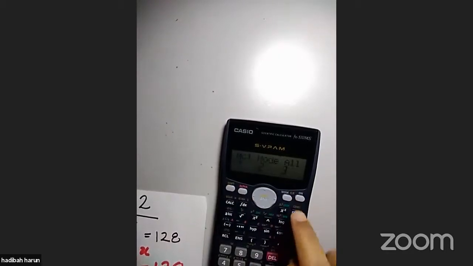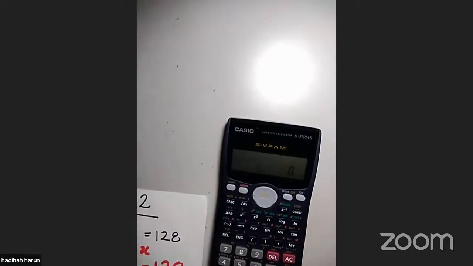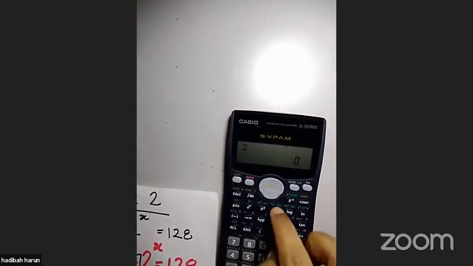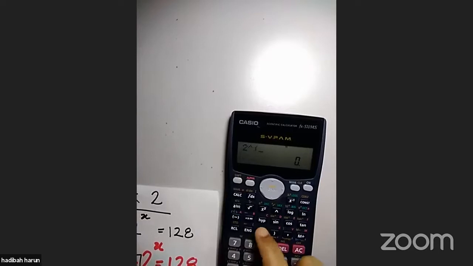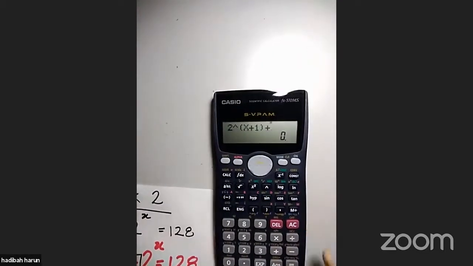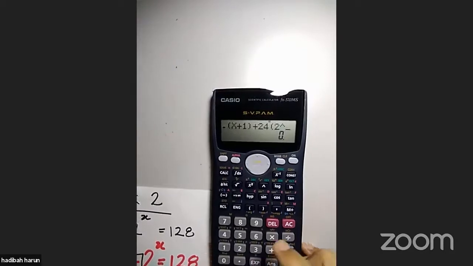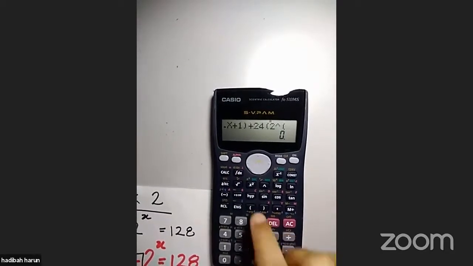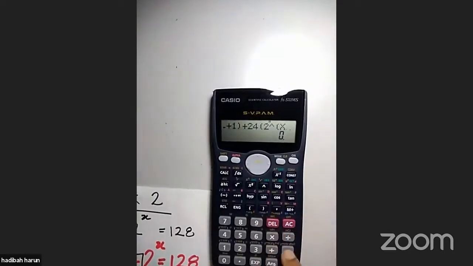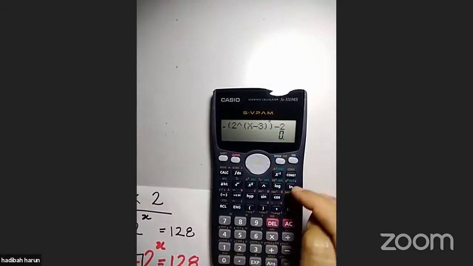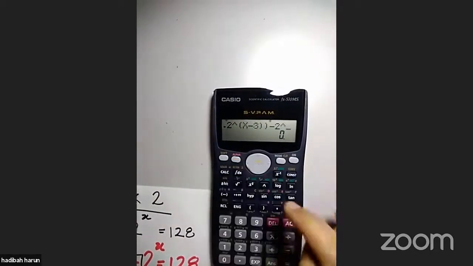Shift, clear, 3. 2 to the power of alpha x plus 1, close bracket, plus 24, open bracket, 2 to the power of alpha x minus 3, close bracket, minus 2 to the power of alpha x.